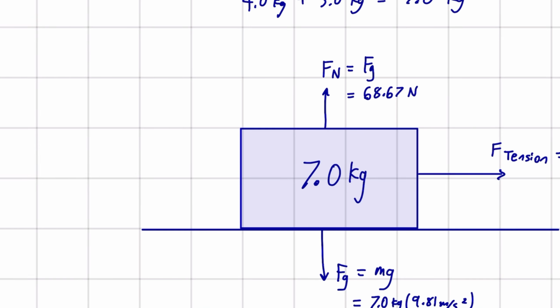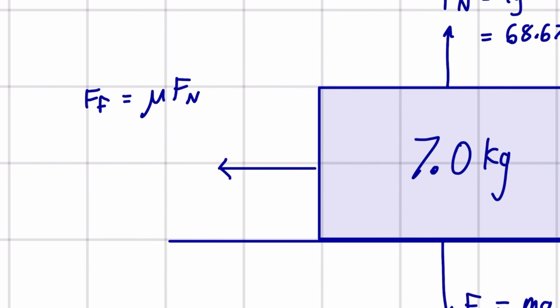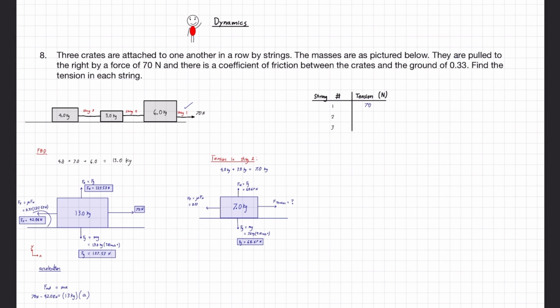And then the last force is our friction acting in the opposite direction of the motion. So motion goes this way, friction pulls us this way. So force of friction is equal to, and our formula for that is mu times Fn. So 0.33, remember that value was given in the question. That's our coefficient of friction.